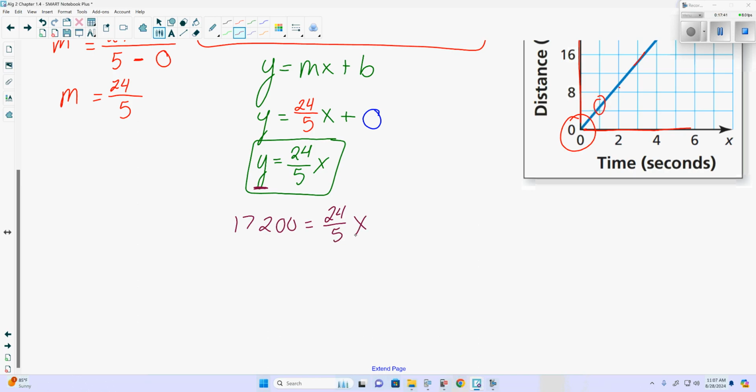And now we need to do what? Solve for X, yes? So what would be our first step in solving for X? Well, we need to get X by itself, yes? So what can we do?